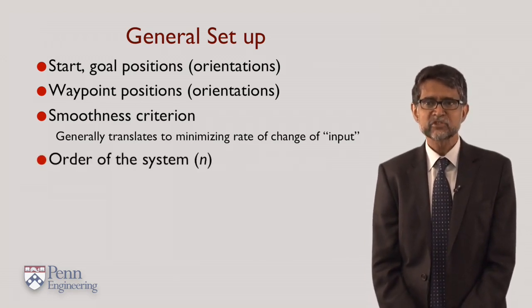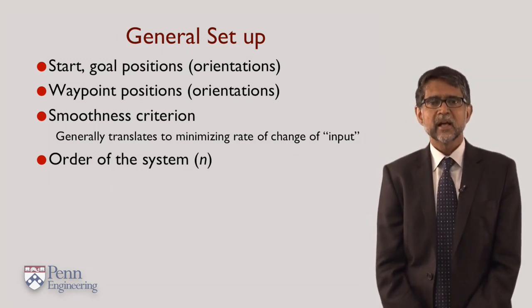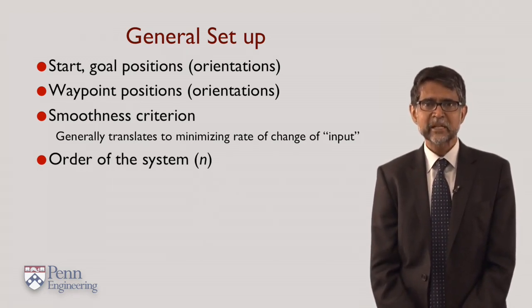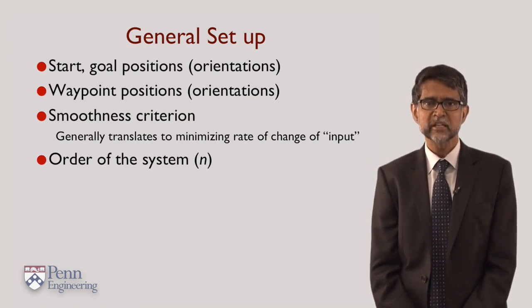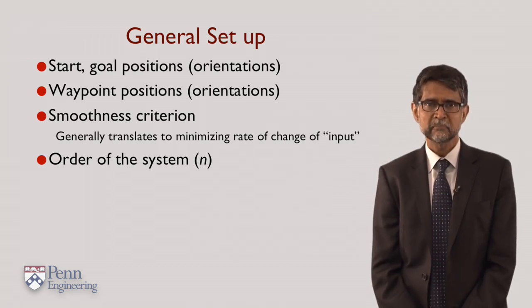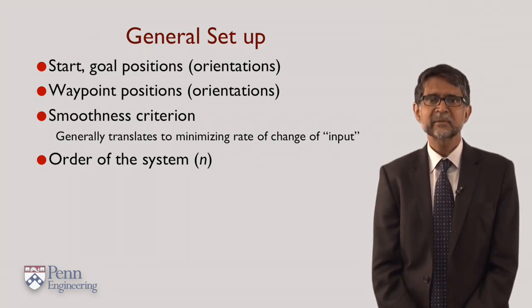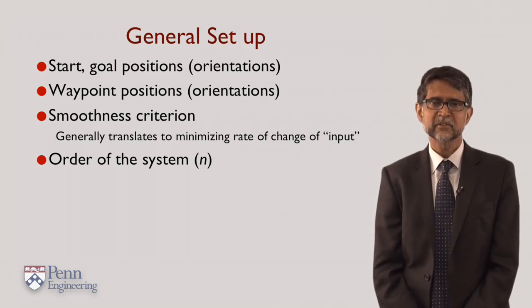We'll be particularly interested in the order of the dynamical system. If you consider a robot with a kinematic model, in other words, you assume that you can arbitrarily specify velocities, that's a first-order system. If you have a robot with second-order dynamics, that means that you can arbitrarily specify accelerations.